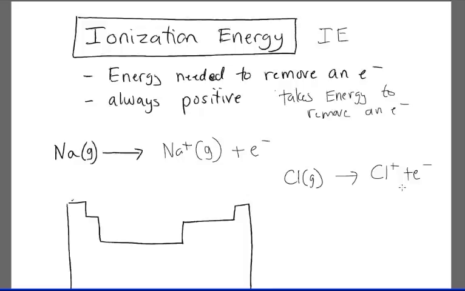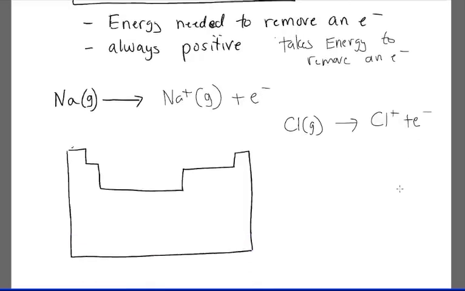So we can talk about trends in ionization energy just like we did in size, and ionization energy gets larger as you go across a period, and it gets smaller as you go down, so it gets larger as you go up. And part of the reason for the group trend is that you're getting bigger and bigger atoms as you go down, so it's easier and easier to remove an electron.